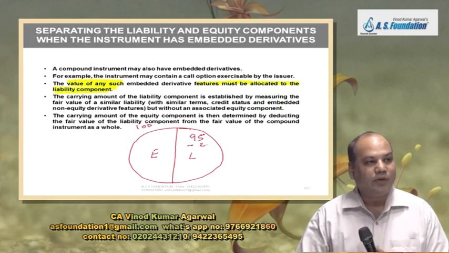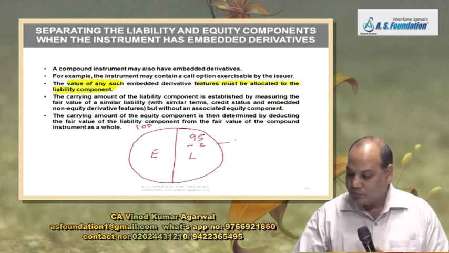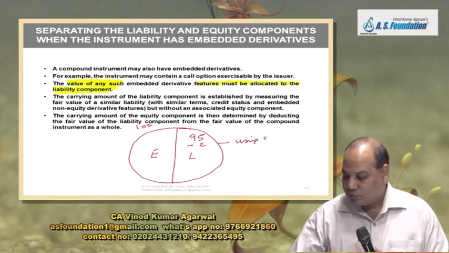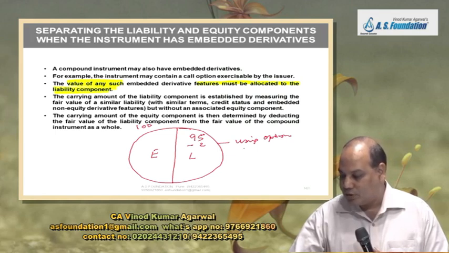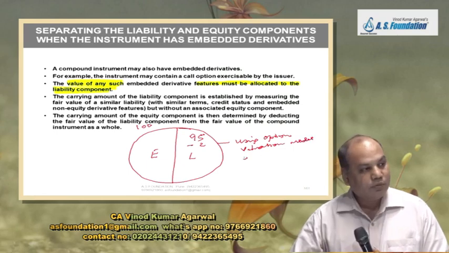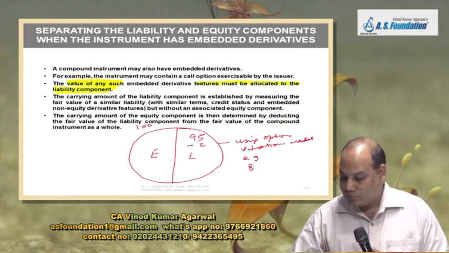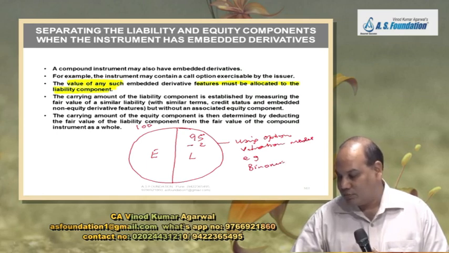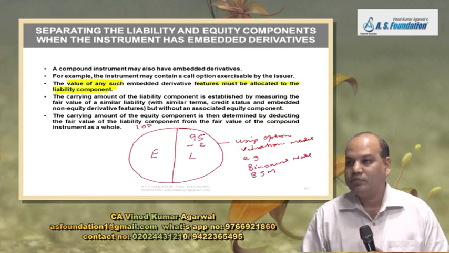How do you calculate the value of the call option premium? By using option valuation model, which you learn in SFM. For example, binomial model, or Black and Scholes model.